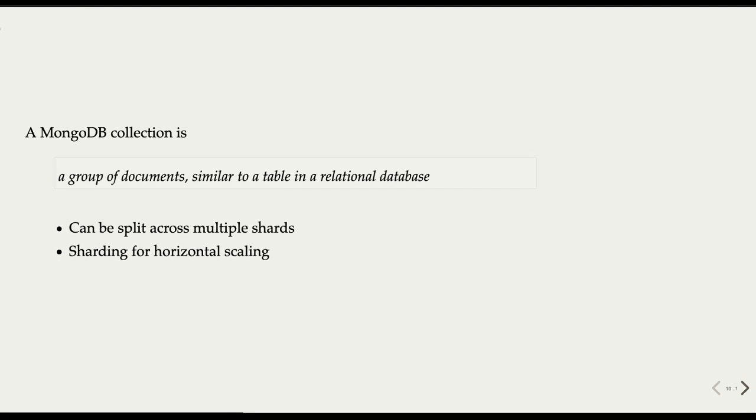A MongoDB collection is a group of documents, which is similar, as I said, to a table in a relational database. The benefit of using MongoDB and the notion of collection is that the collection can be split across multiple shards. A shard is a division, a distributed data set that can be spread across multiple machines. This is a great benefit if you want to scale out your resources.